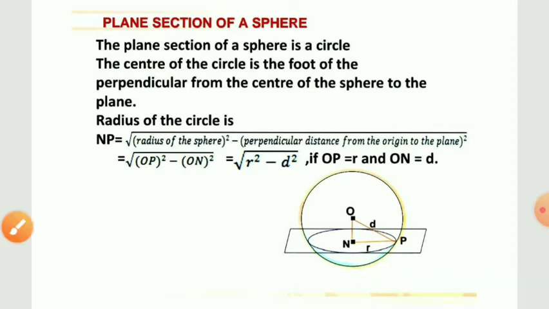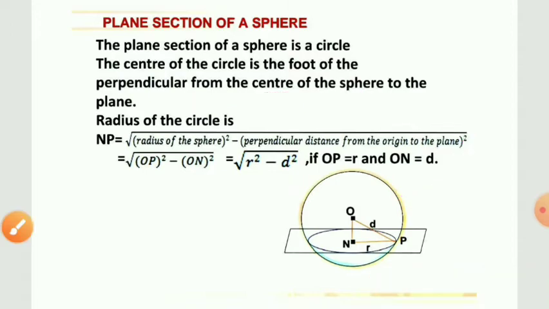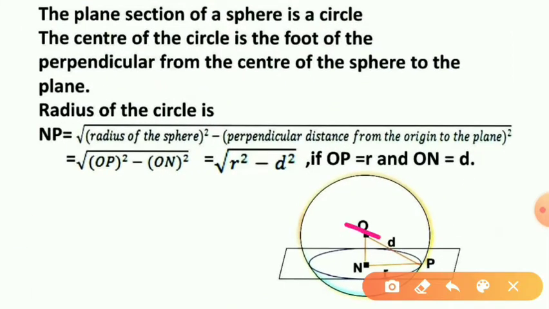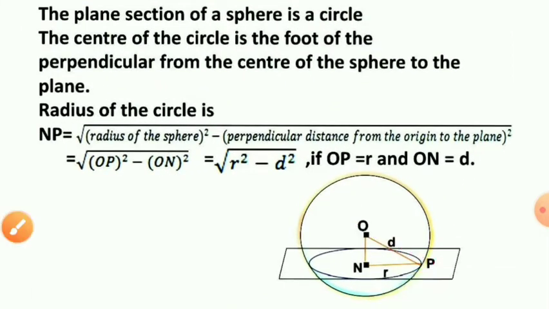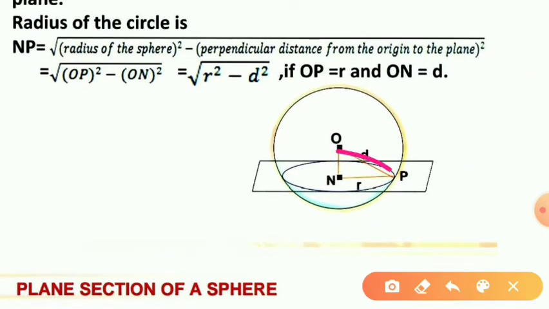Here OP is the radius of the sphere, that is R, and ON is the perpendicular distance D from the center of the sphere to the plane.